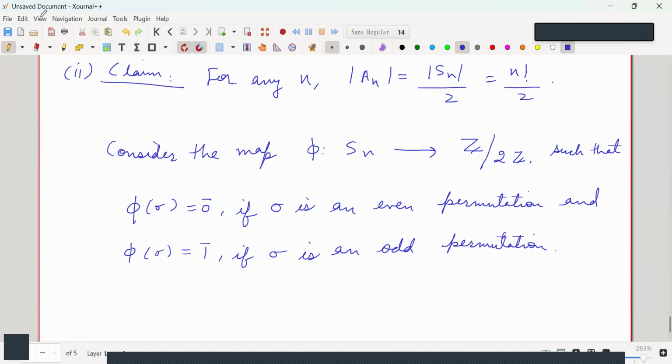Now, can you tell me whether this map is a homomorphism or not? Yes, sir. This is a homomorphism.